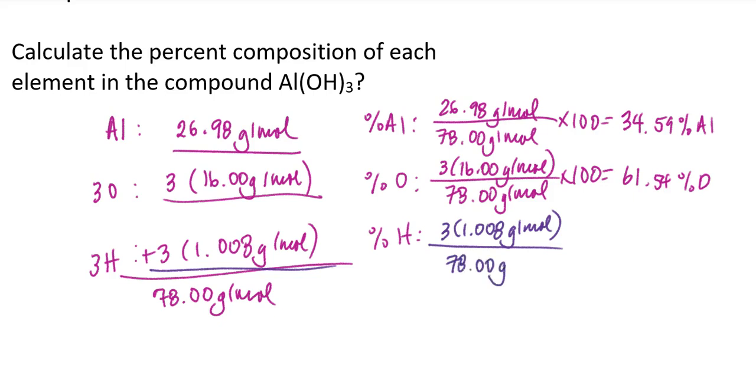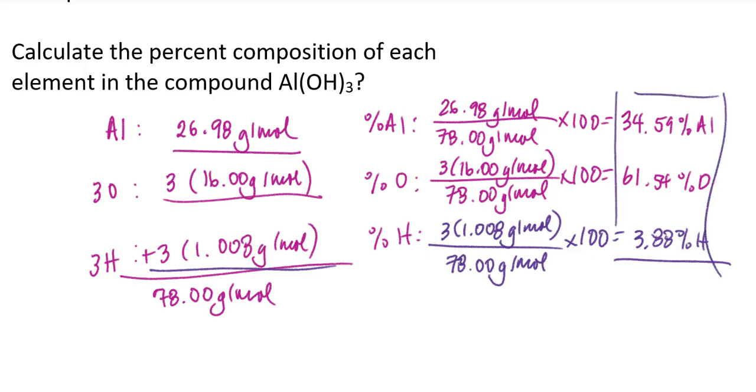So that's 78.00 grams per mole times 100. And so I'll calculate that out right now as well. And what I get is 3.88% hydrogen.